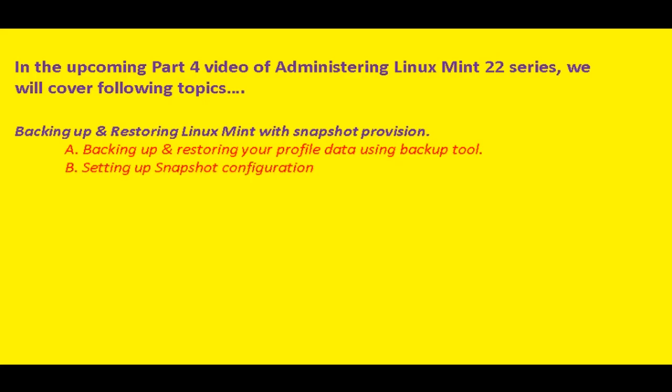Then I will show you how to set up the snapshot configuration for the first time in Linux Mint 22. You can take a complete OS snapshot. Snapshot means the last saved copy of your data, of your files, of your boot configuration, like that. So we'll be setting up our snapshot configuration.